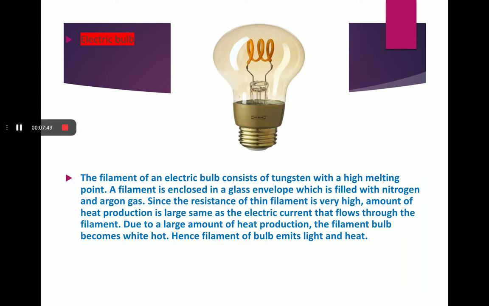The next application is the electric bulb. As you can see in the slide, the filament of the electric bulb consists of tungsten, which has a high melting point, approximately 3380 degrees Celsius.